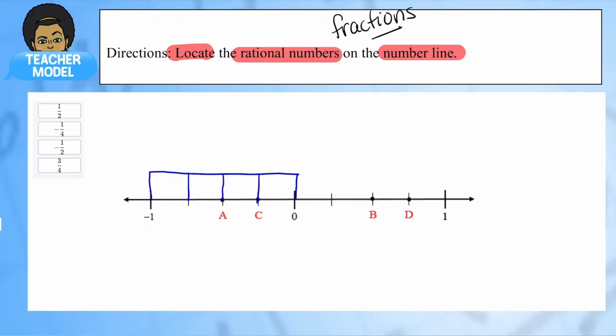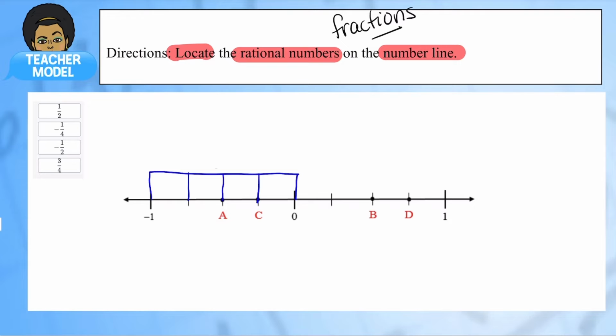Now, a lot of times when kids get that, the first thing they do is they decide to write down that this must be negative 1/4. But I want to remind you, we're talking about distance. So to this line right over here where we had that dash, this is where negative 1/4 is. And we want to be super careful with that. Same thing happens when we use our rulers.